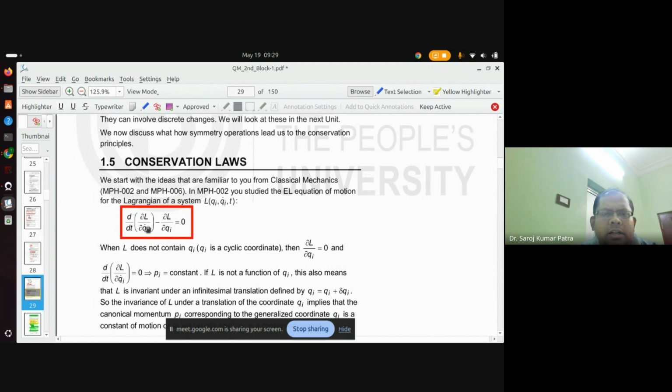So that is d by dt of del L by del Qi dot minus del L by del Qi is equal to 0, where L is a function of Qi, Qi dot and t. It's the Lagrangian, right? So T minus V, kinetic energy minus potential energy. All of you remember that, right? From classical mechanics.